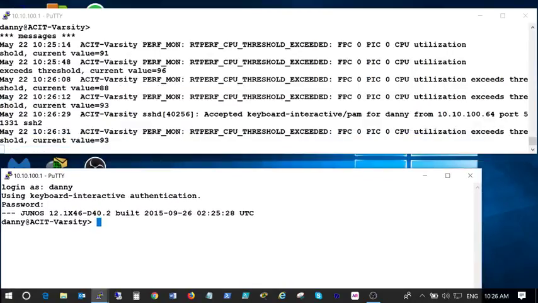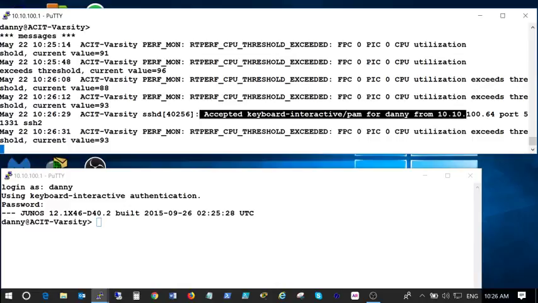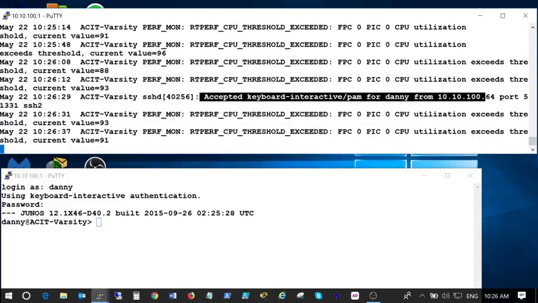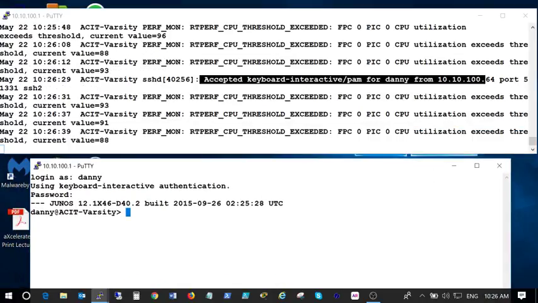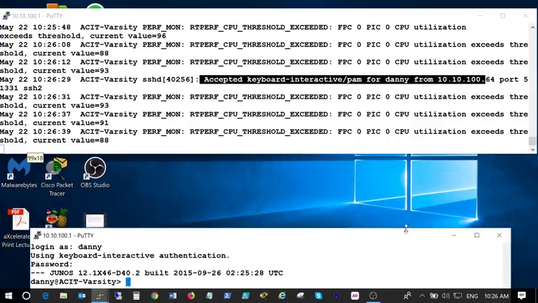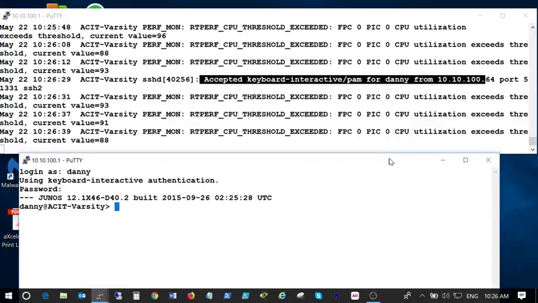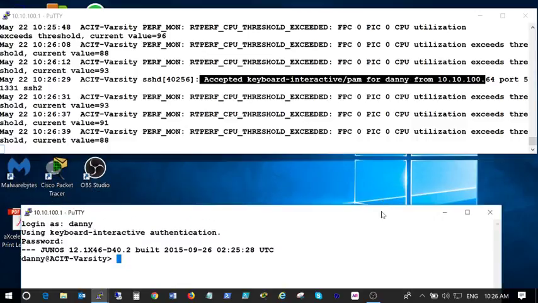Okay, by the way, you can see that's me logging in there. Went into my syslog file. So let's just get this up on the screen a little bit. Just adjust the size of it.